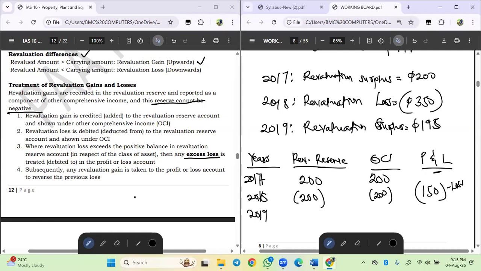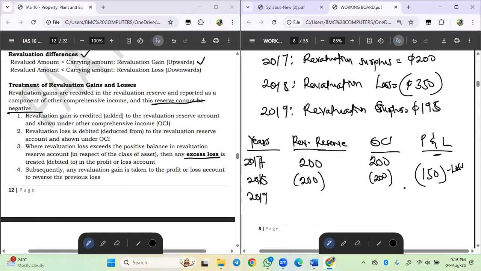Now, in the next year, 2019, the asset was again revalued upwards, ending in a revaluation gain of 195.